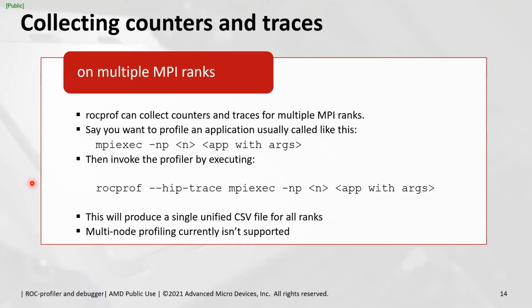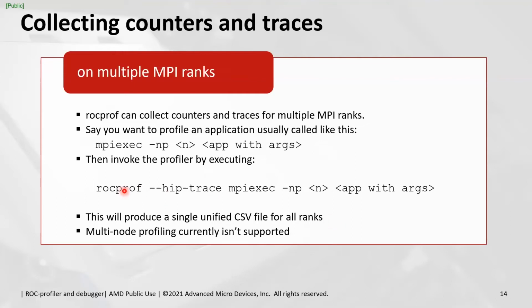One other nice feature is collecting the traces or counters on multiple MPI ranks. So if your code is using MPI and it's running on a distributed network, you can always use rocprof. And this is the syntax that you should be using if you want a single unified CSV file for all the ranks.